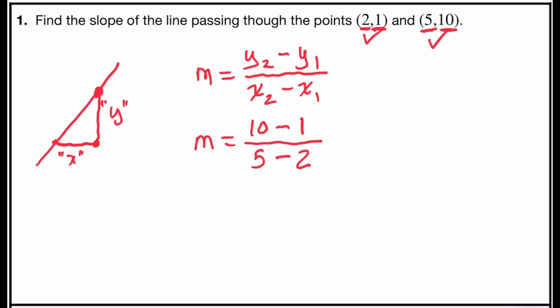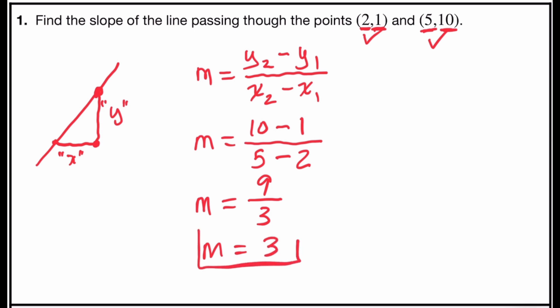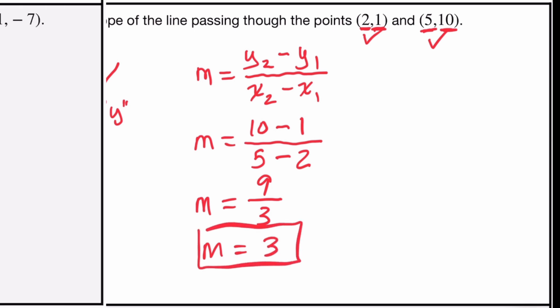So once you have your substitution, all you have to do is subtract on the top, subtract on the bottom, and divide if needed. Just follow the order of operations. So this slope would be equal to 10 minus 1 is 9, and 5 minus 2 is 3, and 9 divided by 3 is 3. So the slope of the line would be 3.